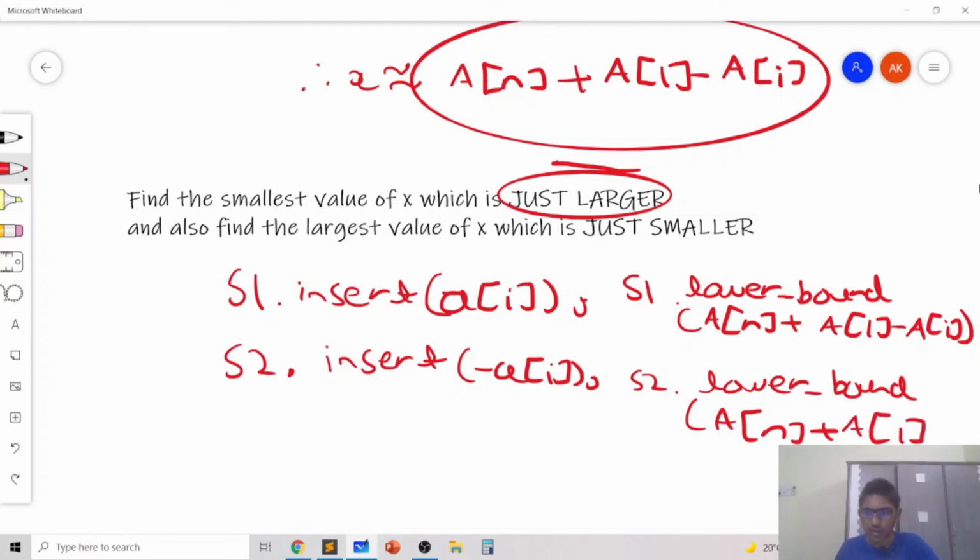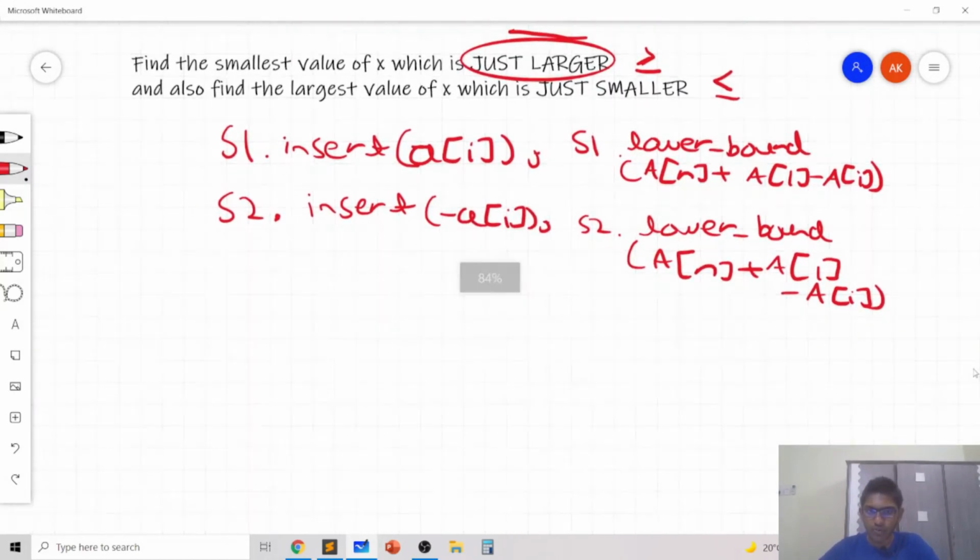The first thing will obviously give us the element which is greater than or equal to this particular value, and now it's important to understand why inserting the negative value will give us the element which is just less than or equal to. I'll be proving that now.